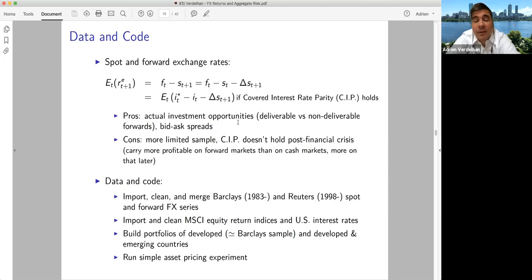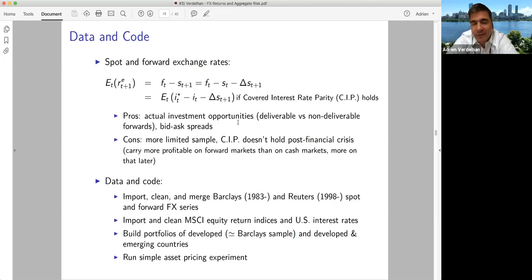Now, there are some advantages. There must be some disadvantages too. You're going to have a much more limited sample. So if you're already worried that we look strange compared to the equity literature because we have only a few countries, you're going to have even fewer countries here, because it's not the case that forward contracts exist on every country.